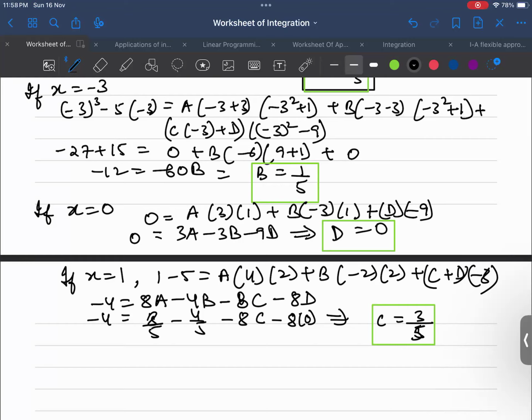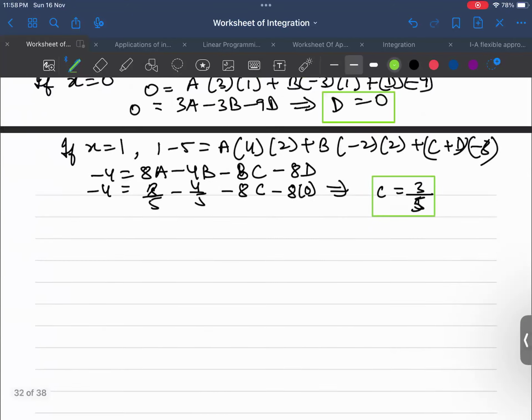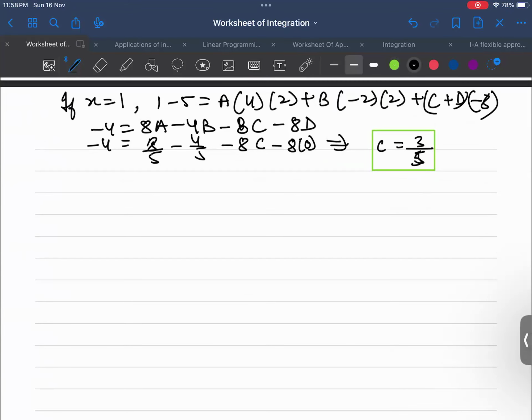Right? Now, substitute all these values in this one. Right. I think it's clear. Now, let's put the values. x cube minus 5x upon x square minus 9, x square plus 1, it was x square plus 1.